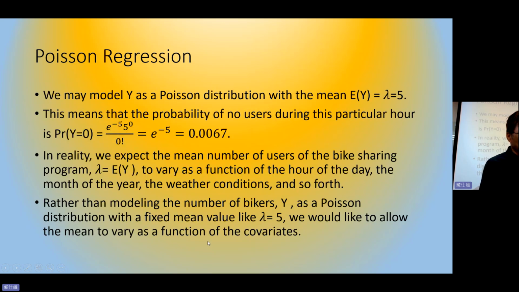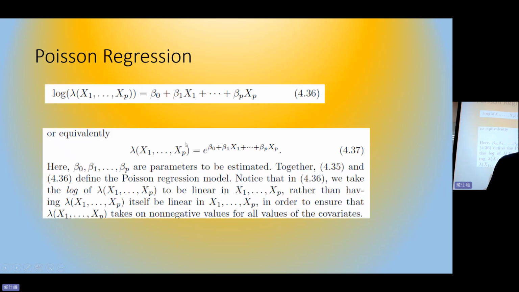Based on this, maybe we would like to run this kind of regression. So we can call this Poisson regression. Based on this, we can use this formula to represent the Poisson function.